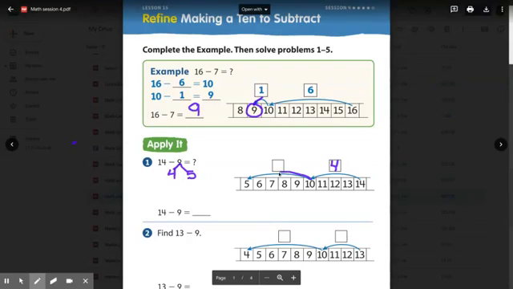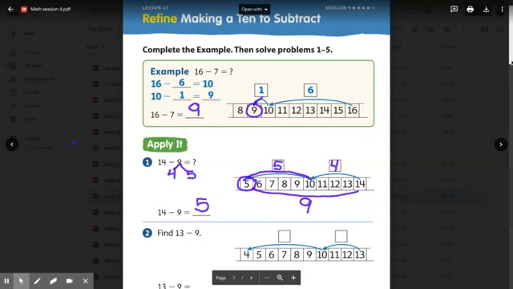And I know that 10 minus 5 is 5. That is 5 jumps. So if you add 4 jumps plus 5 jumps, that's 9 jumps altogether. And 14 minus 9 equals 5. Very good.